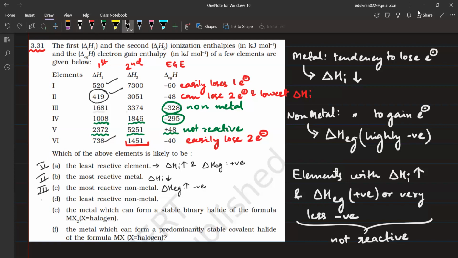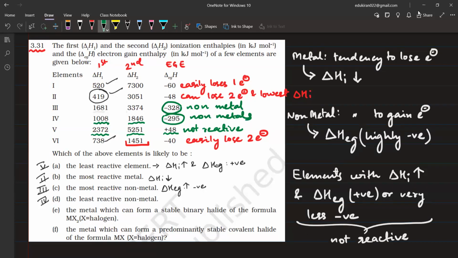So we'll take this as the fourth one. It should be a non-metal. How to see non-metal? That it is having negative electron gain enthalpy, and it's quite negative. It's not very less negative. It's highly negative electron gain enthalpy, but it is not the most reactive. It's the least reactive. है ना? हमारे पास दो ही non-metal हैं. These are the two non-metals that we have.